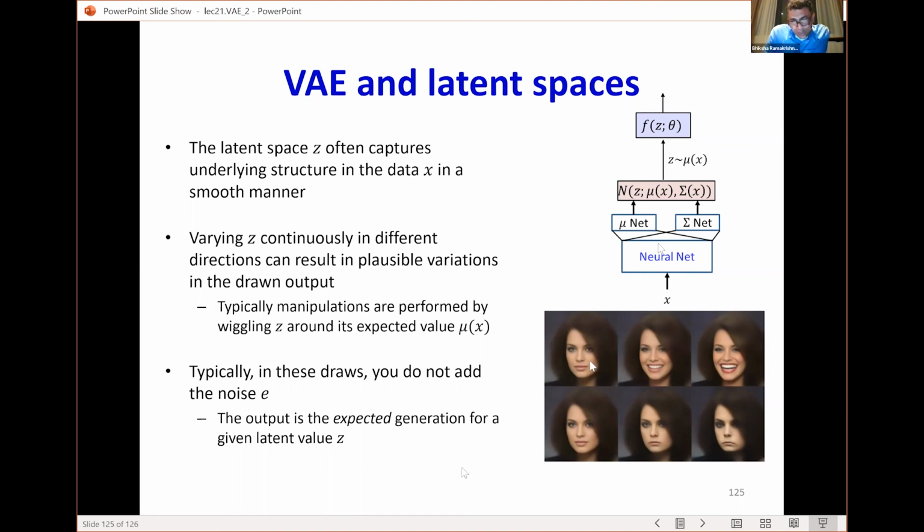So you can actually use this to get latent space manipulations and explore the continuum between different images.